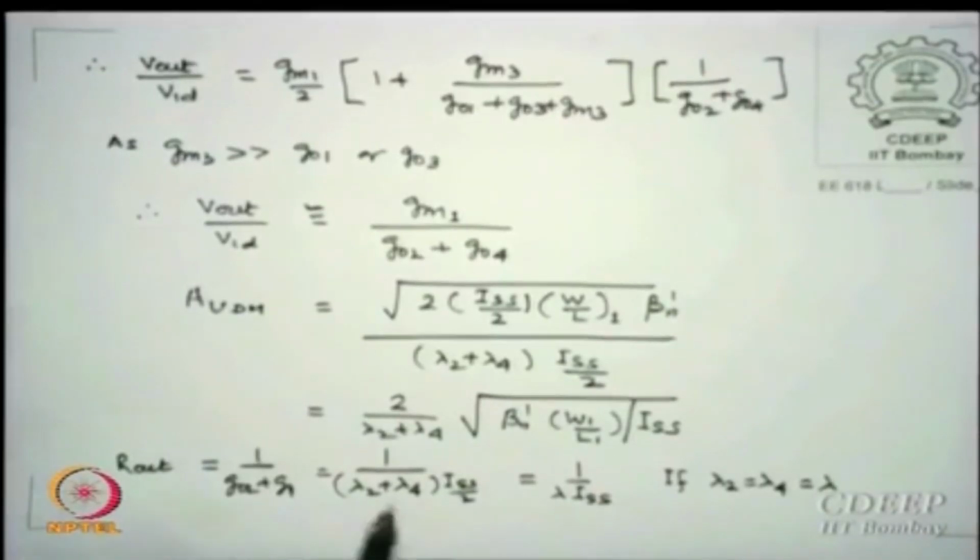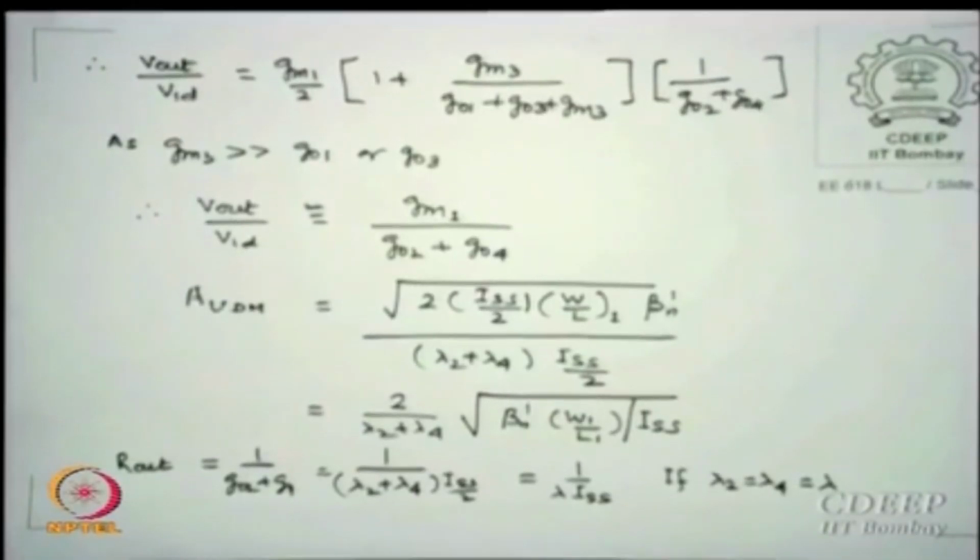Lambda 2 and lambda 4 are not the same. Why? 2 is an n channel device, 4 is a p channel device. So lambda is not identical. Of course you can make this so in the process forcibly, but in normal circumstances lambda 2 will not be equal to lambda 4.